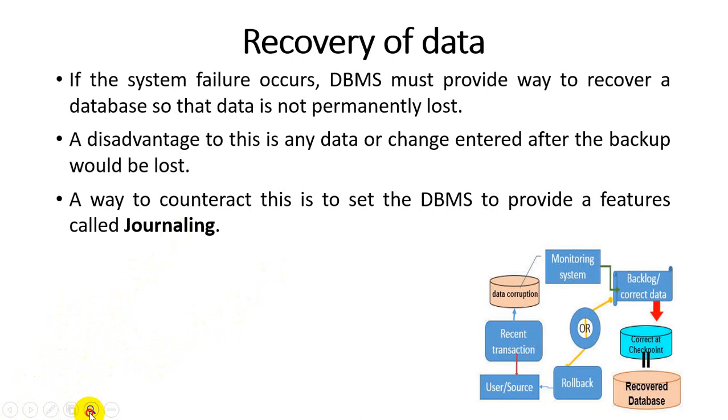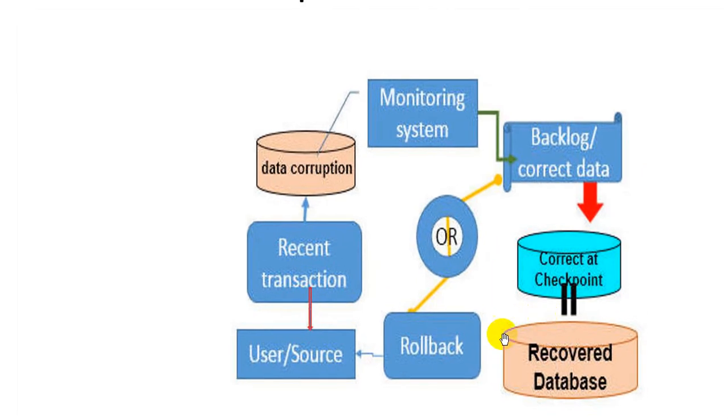Now we see how this works. For example, whenever a user or a source performs a transaction, and within the transaction data is corrupted or damaged, then with the help of the monitoring system, the backlog or correct data will be recovered with the help of the correction checkpoint.